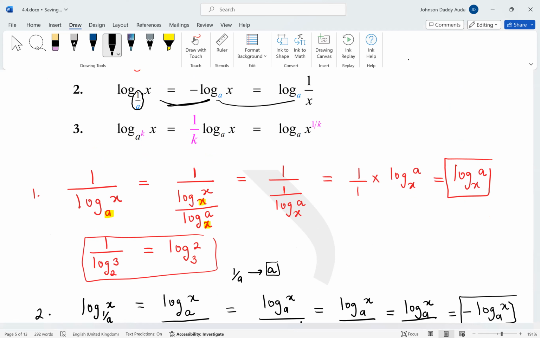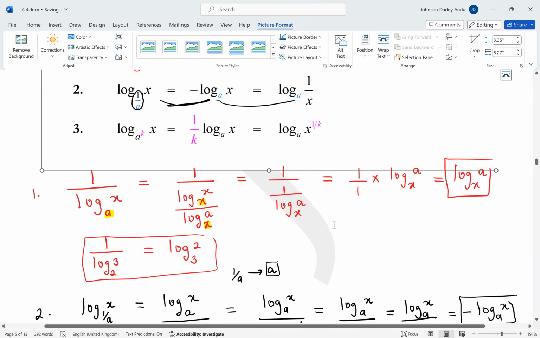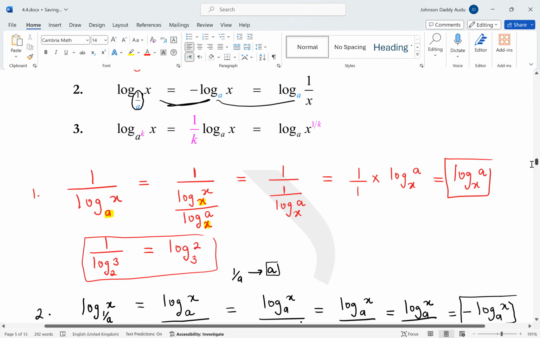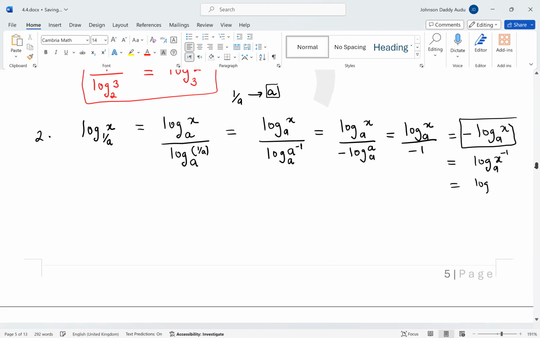And it becomes 1 over x, right? So let's see that here. You can just write it as log to base a of x to power minus 1, so this you can write as log to base a of 1 over x.